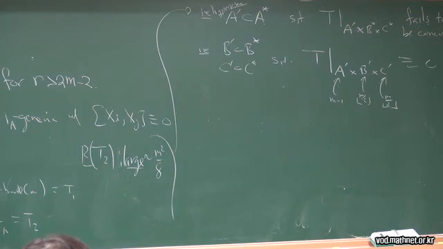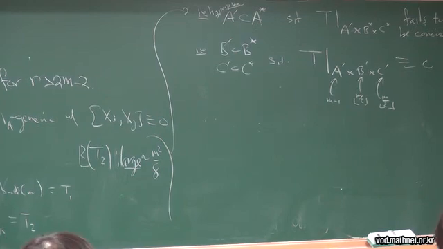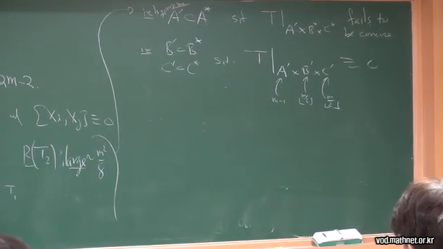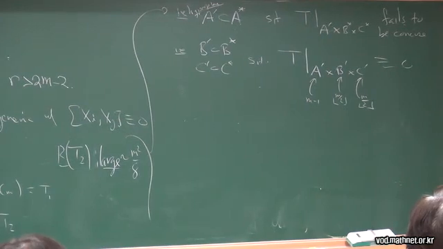So this is where I think of T as a trilinear form. Does everybody understand the problem as I restated it?